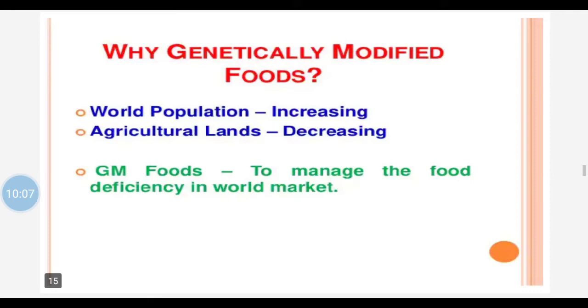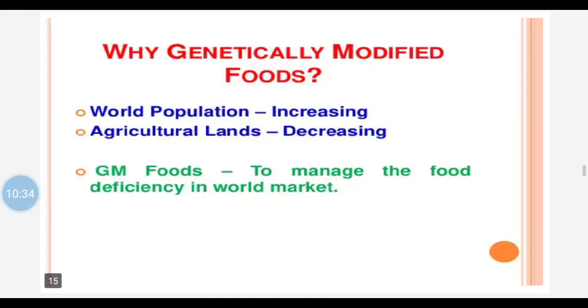Now, what is the need of genetically modified foods? So, the major reason behind this is the population. As the population is growing, we have to fulfill the demand of the vegetables, fruits, whatever the food articles are there.